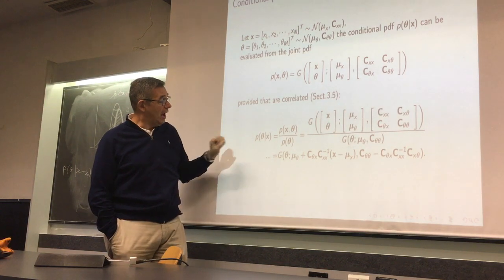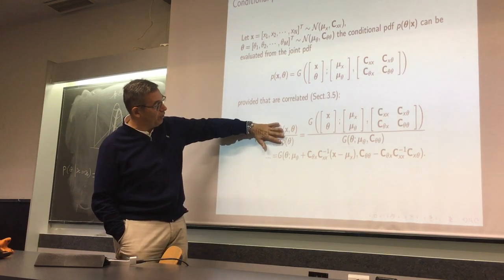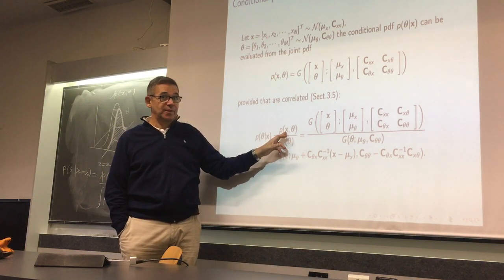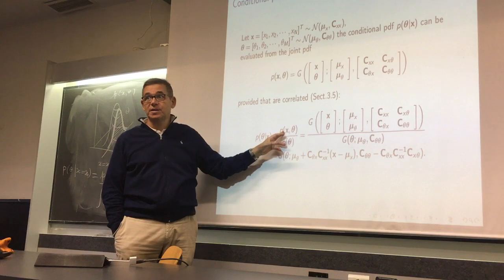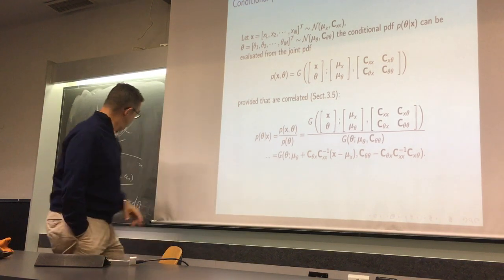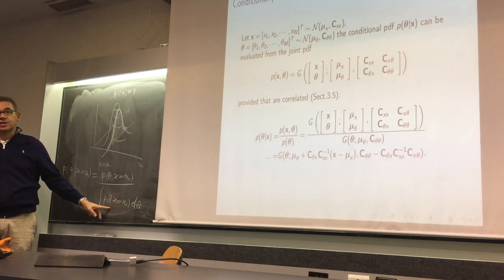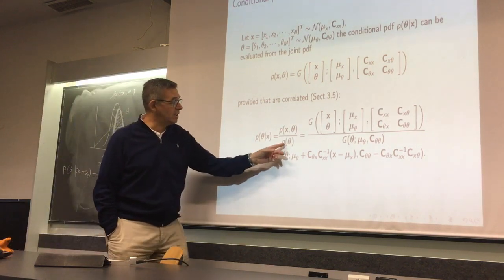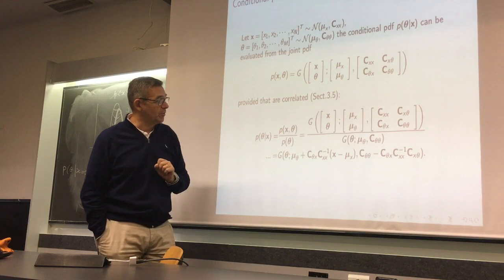And then, how do I apply the formula for cutting? I need to fix x. I don't do it explicitly, but I fix x. And then there is a normalization. This comes from the marginalization. Okay? That is what I get from here.